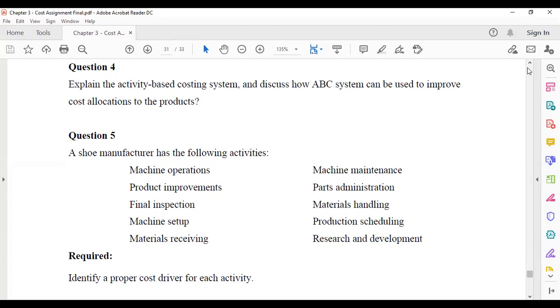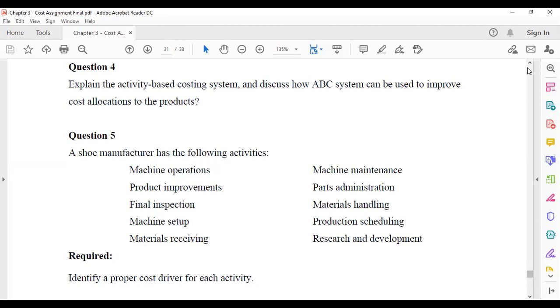That is, the direct cost: direct labor, direct material, and even direct expenses played a crucial role.